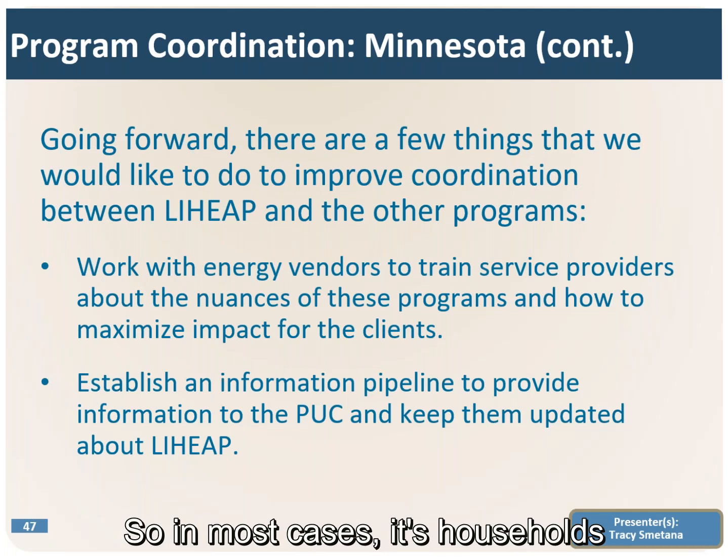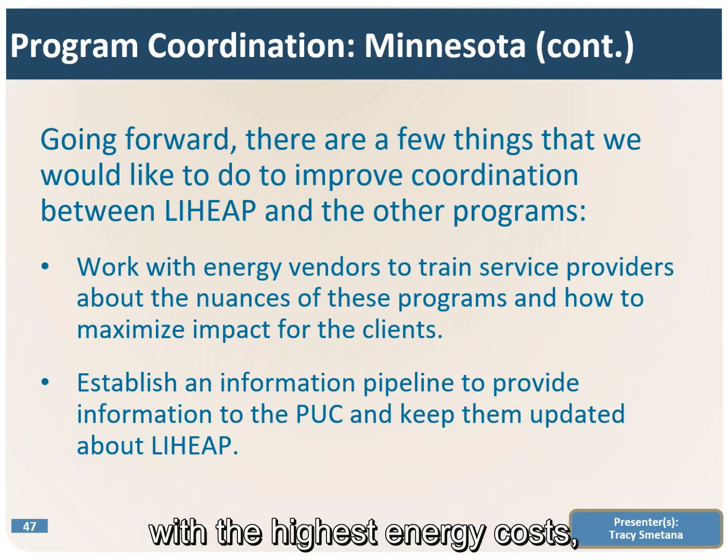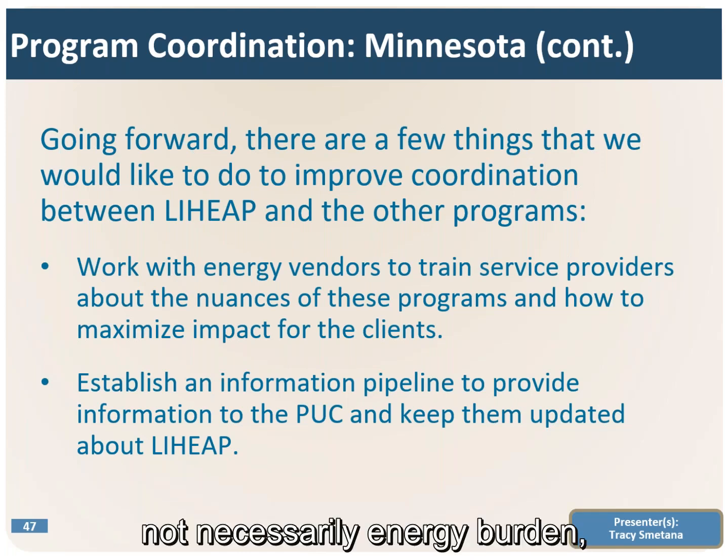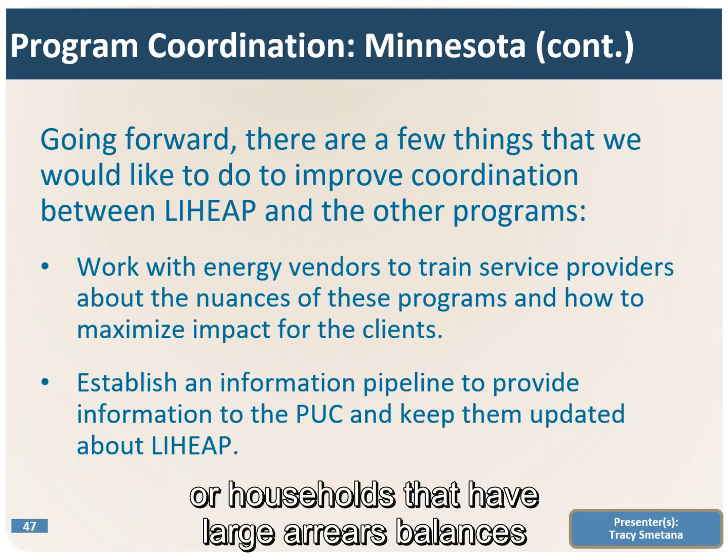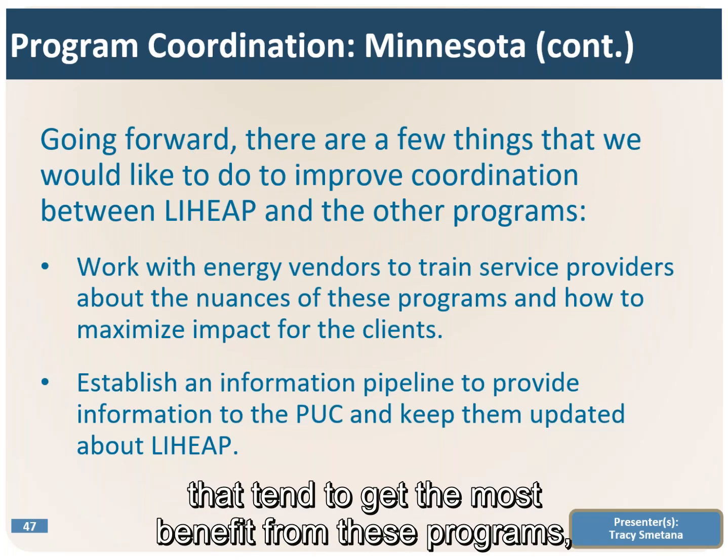So in most cases, it's households with the highest energy costs, not necessarily energy burden, but the highest energy costs, or households that have large arrears balances that tend to get the most benefit from these programs.